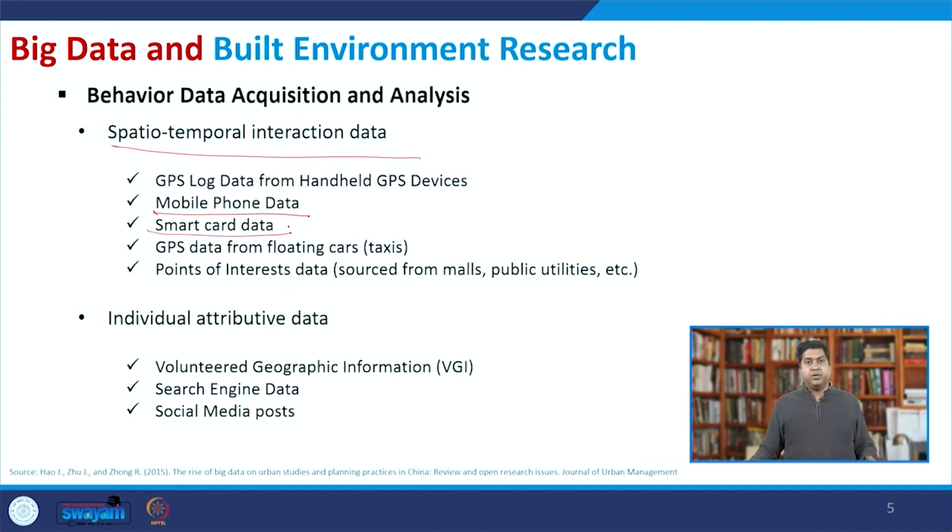Smart card data is also useful to make certain predictions. Nowadays for traveling in metro or certain transit, you have a smart card. You just punch it, and whenever you punch it, your record is transferred. You are making one trip, and you are consuming a certain amount of your overall wallet.